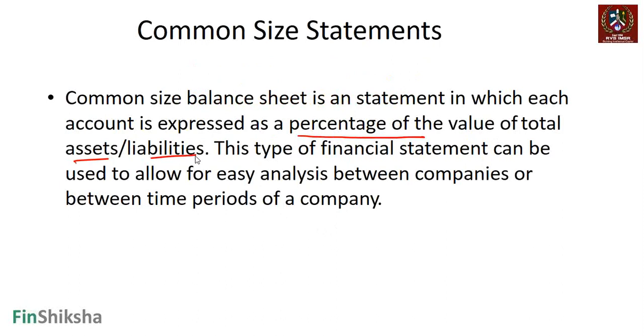So every line item in the balance sheet is expressed as a percentage of either total assets or total liabilities. This allows easy analysis between companies or between time periods for the same company, right? So that becomes an important part.